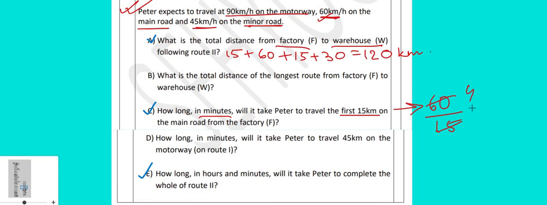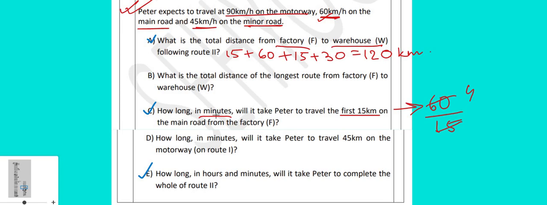So if we travel the 15 kilometers 4 times, or if we add 15 kilometers four times, it will make the 60 kilometers per hour mark.